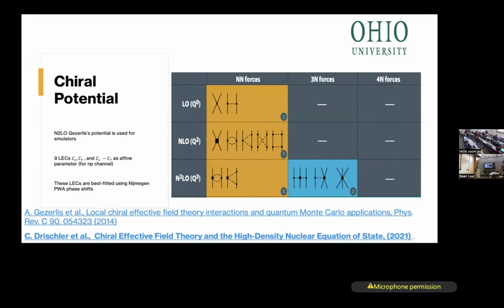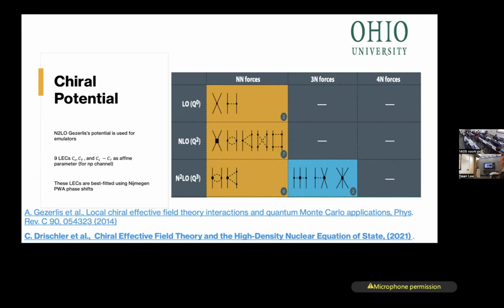Since we are doing nucleons, our channel was NP, and for that NP channel we had 9 low energy constants. So our sampling will be done not in 2 dimensions, but now in 9 dimensions. So we are now doing the greedy algorithm in 9-dimensional space in the momentum space.